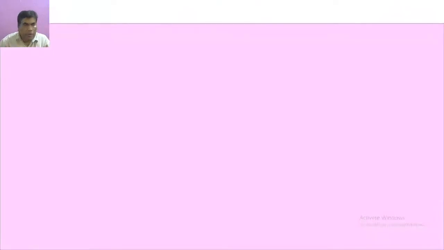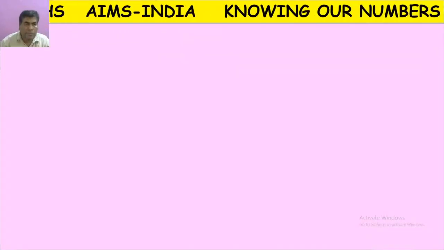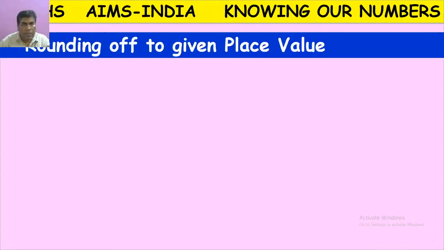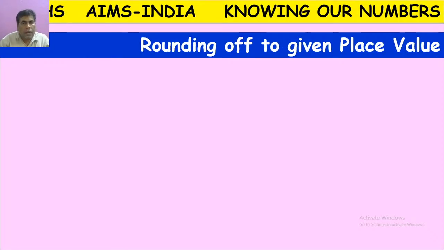Today we are going to start another concept from the same chapter, and that is rounding off to a given place. It's a new concept, and the concept name is rounding off to a given place value, because they may ask us to round off to the tens place.